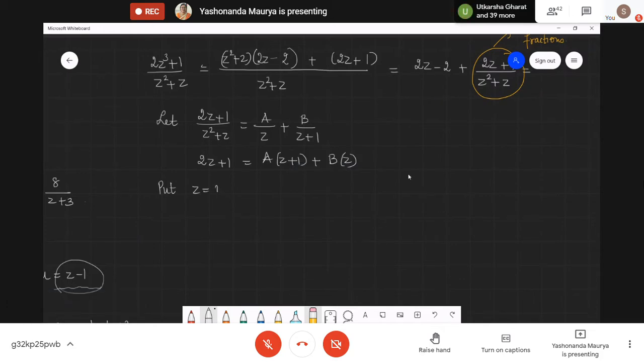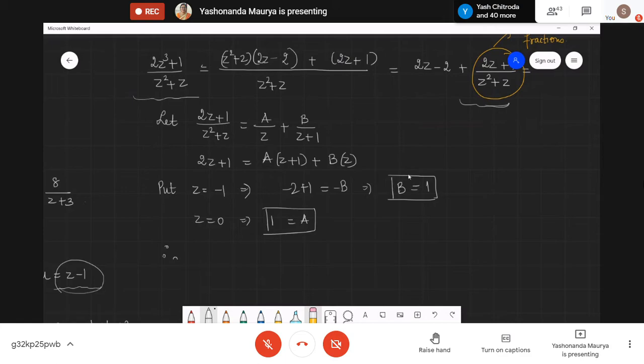Put z equal to minus 1. So this will imply minus 2 plus 1 is equal to minus b, that is b is equal to 1. Okay, and when we put z equal to 0, this implies 1 is equal to a. We got these values.